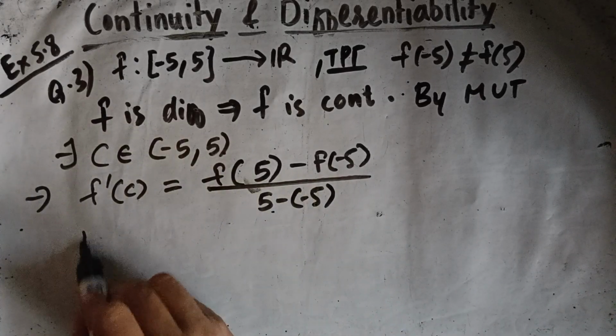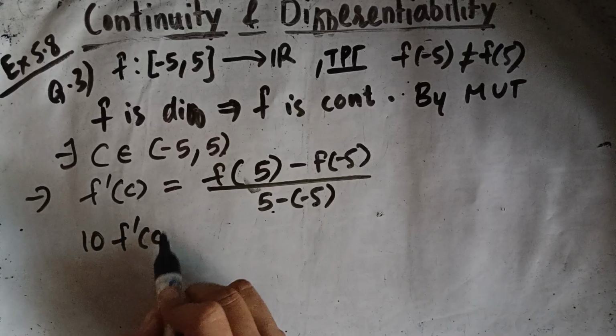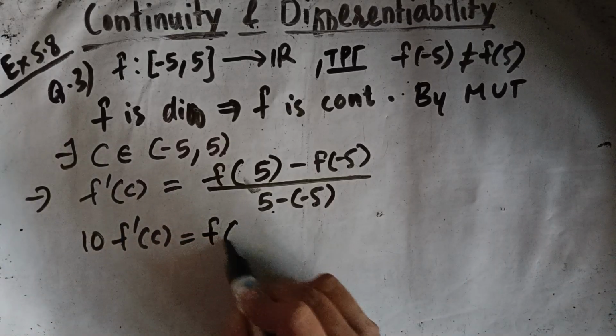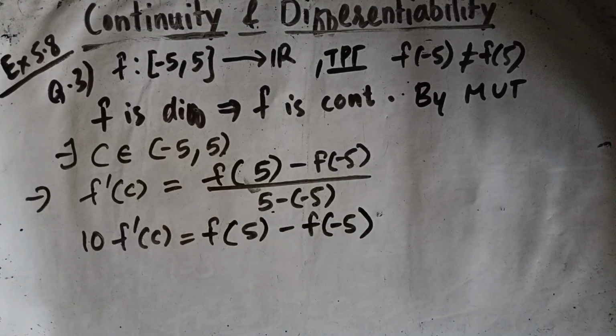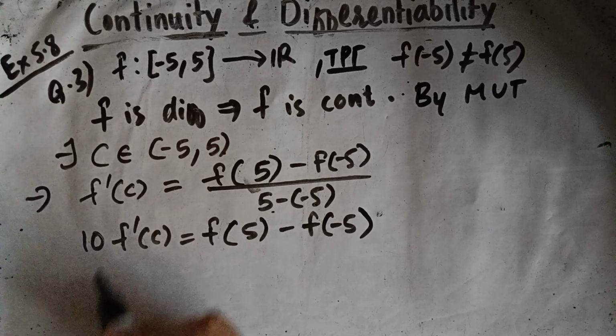This will be 10, so 10 f dash of c equals that. And it is given that it does not vanish, that is f dash of x is not equal to 0.